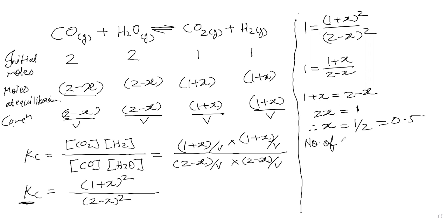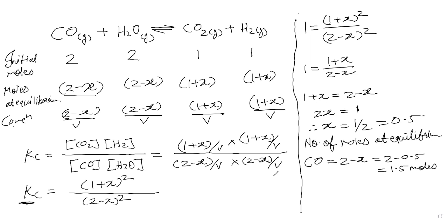Now we can calculate the number of moles at equilibrium. The number of moles for carbon monoxide is equal to 2 minus X. X is 0.5, so it is 2 minus 0.5, which is equal to 1.5 moles. Similarly, the number of moles for water, H2O, is also equal to 2 minus X, so we get the same answer, 1.5 moles.